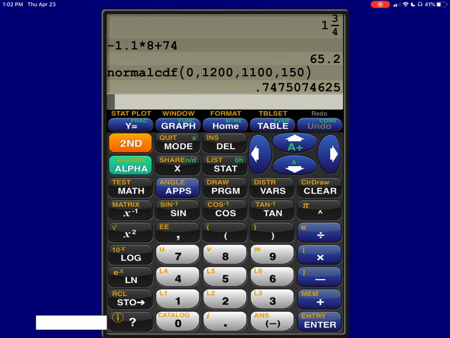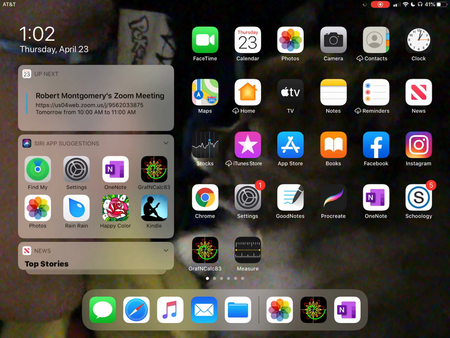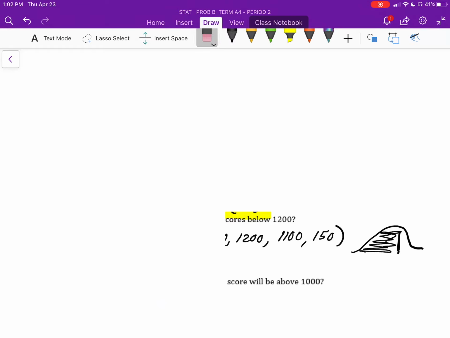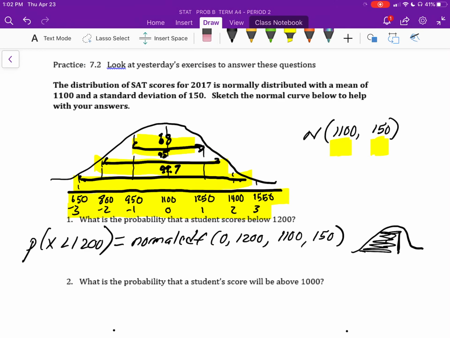So that probability came out to be 0.7475. There we go. For some reason it takes a minute to get back after using the calculator if I'm recording. 74.75% probability that you scored 1200 or less.